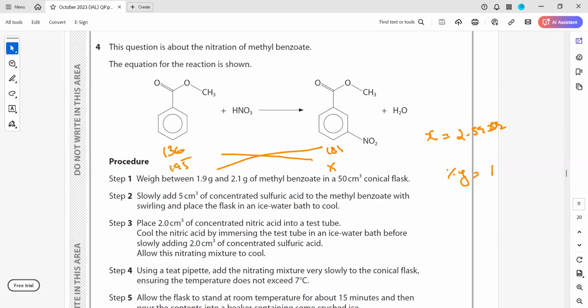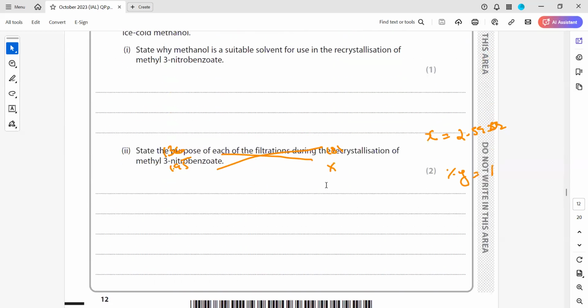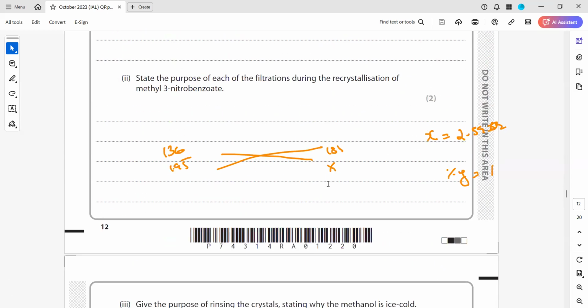So percentage yield is the practical value. Practically, how much methyl 3 nitrobenzoate do we get?